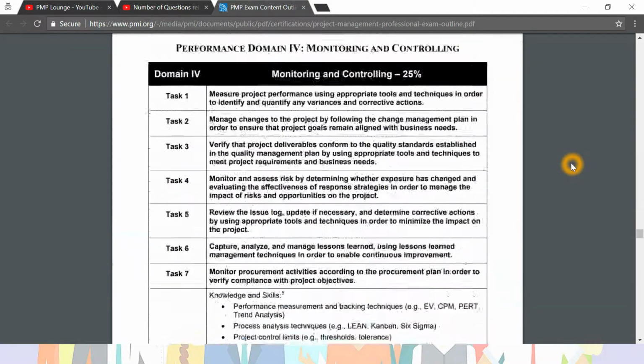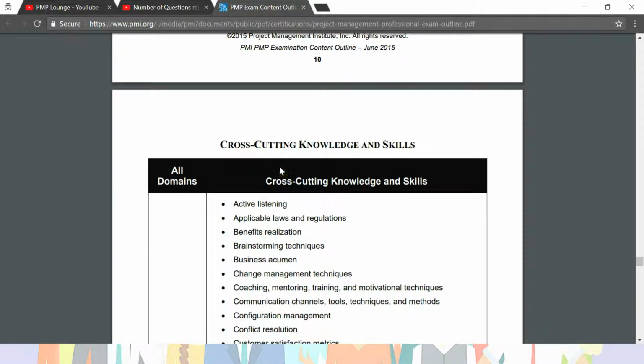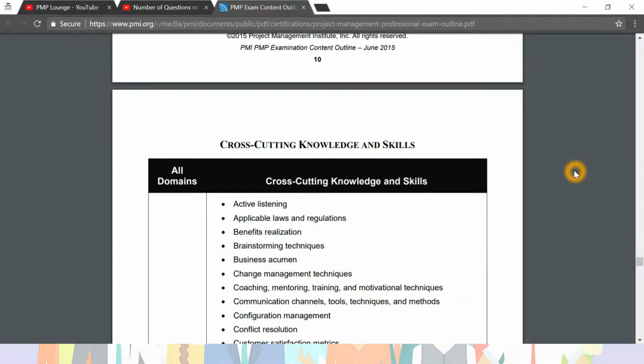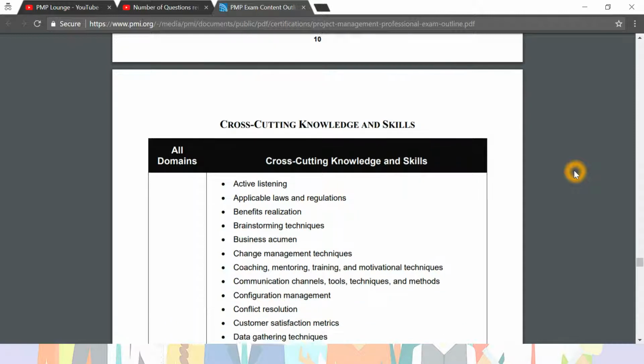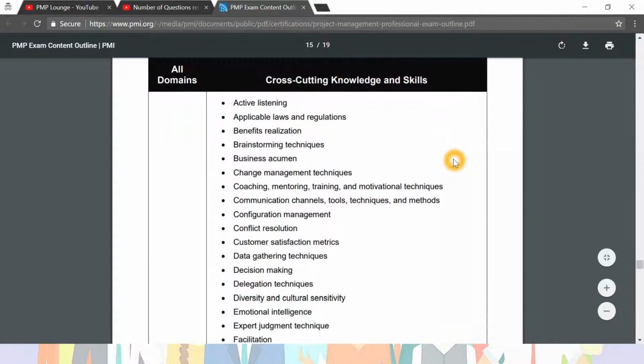But what we are covering today are the cross-cutting knowledge and skills, right? The cross-cutting skills are mentioned in the exam content guidelines. So you can imagine how important these are. Again, these are applicable to all domains. These are the list of the cross-cutting knowledge and skills.